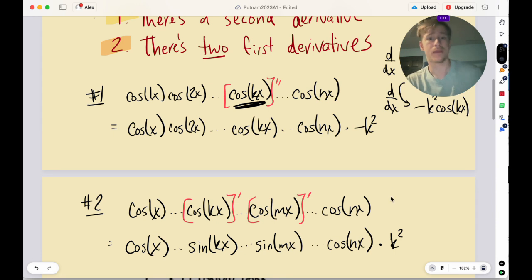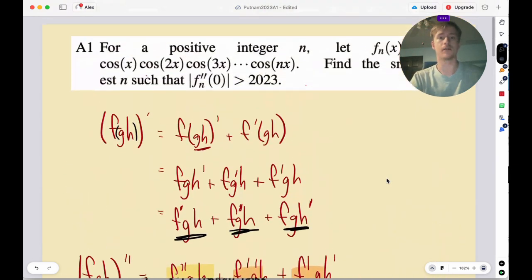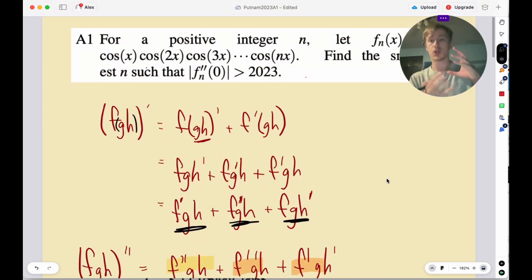Now, if you look up to the problem, all of those terms, and again, there are going to be n squared of those terms, and n could be 100. It doesn't really matter how big it is, but I'm just grouping them into 2 different kinds of terms. But you're going to have to take all of those terms, evaluate it at 0, and then take the magnitude.